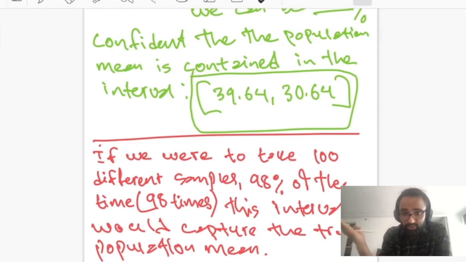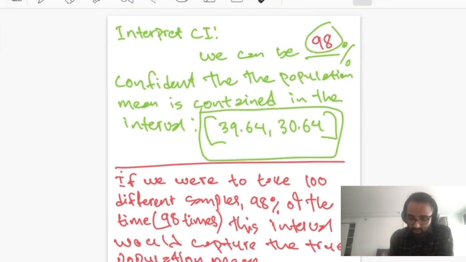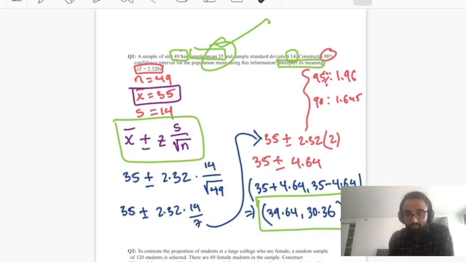We'd miss it 2 times out of 100, it would be somewhere else. Okay, so that is how you would interpret the confidence interval for this problem, or for any problem in general.